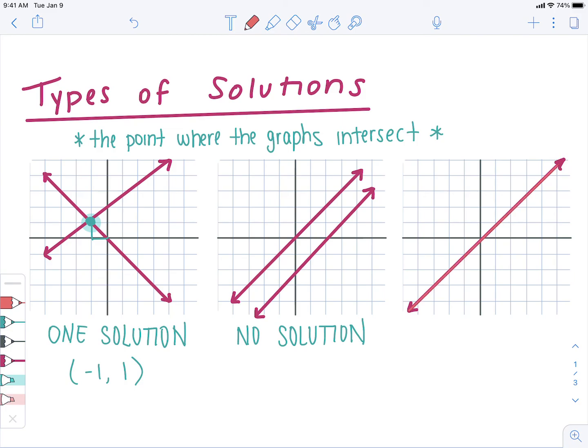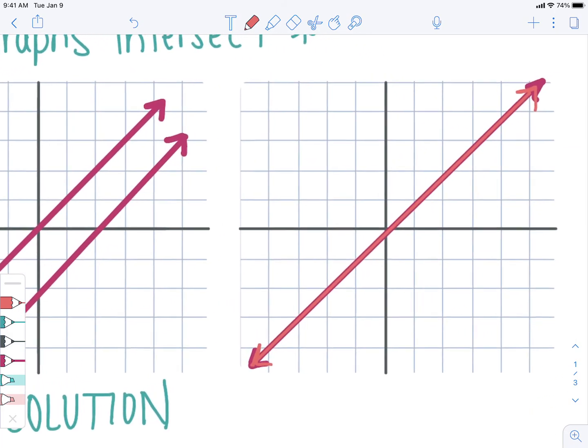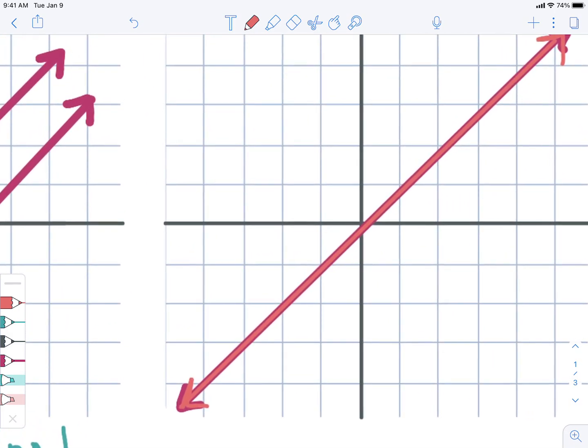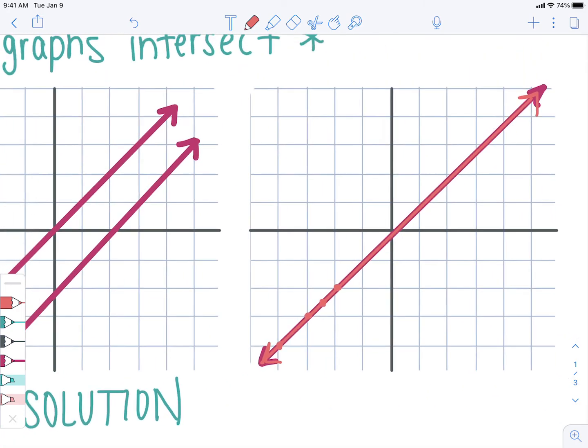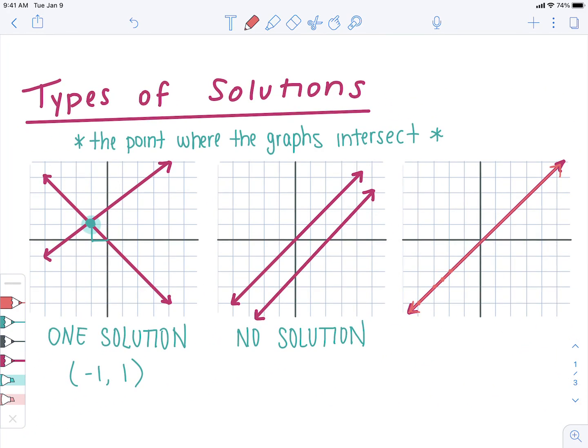If they're the same, they're going to fall right on top of each other. And because they're laying literally right on top of each other, they share every single point because they're the same line. If I zoom in for you, you can see they're on top of each other, right? Every single point, no matter where I'm looking, they're all the same. So when we end up with two equations that are the same, that's when we get our infinite solutions.